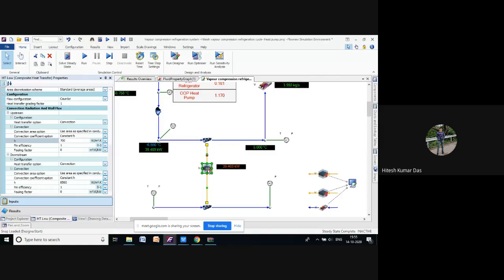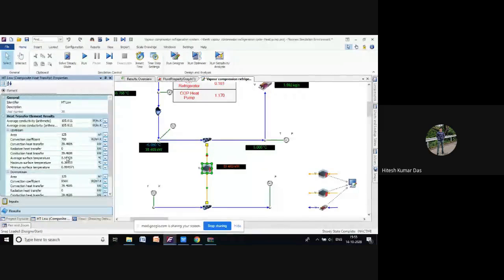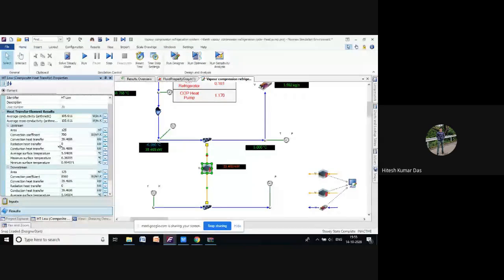The heat transfer is represented in this composite heat transfer result. You can see convection conduction heat transfer 39.4686, and the convection heat transfer is also the same. This is the heat transfer which is happening.